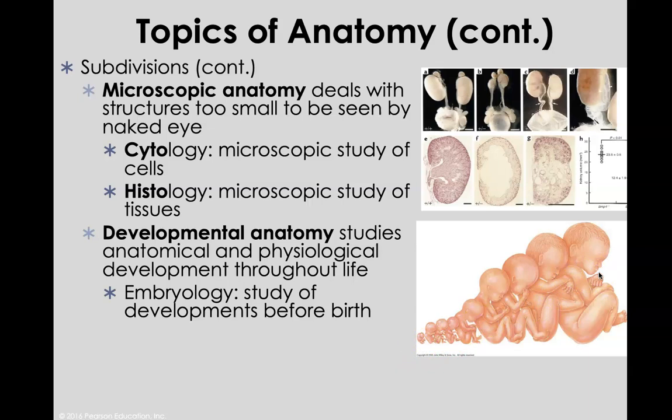And this we won't focus on quite as much because you can actually do an entire course just on embryology. So again, embryology is the study of development before birth, and it's really interesting. We'll talk a little bit about this.